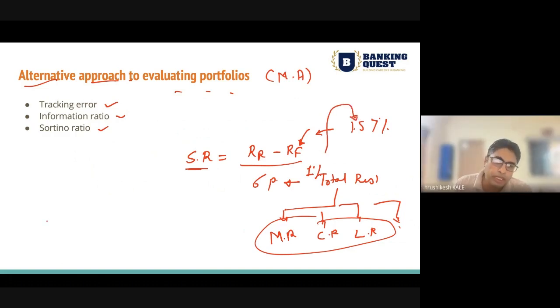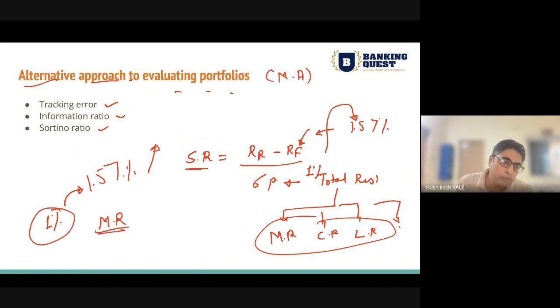So for taking a total risk of 1%, I am generating a return of 1.5%. That is given by Sharpe ratio. So higher the ratio, better it is. It speaks about total risk and not just market risk. So if you want to take market risk, take Treynor ratio.